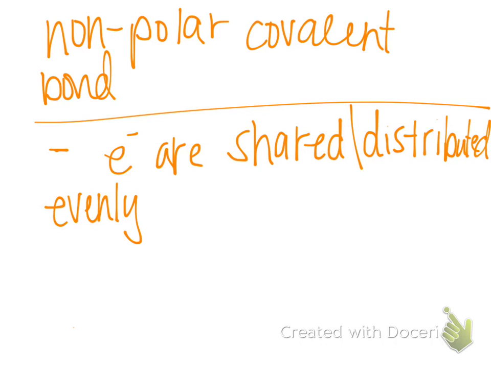Okay, so this is a little bit counterintuitive, right? Non-polar means even, and polar means not even. Okay, it's kind of, I think, a little bit funky with the way the words are associated there, but that's how it goes. Okay, so polar means uneven distribution of electrons. Non-polar means that they are evenly shared.